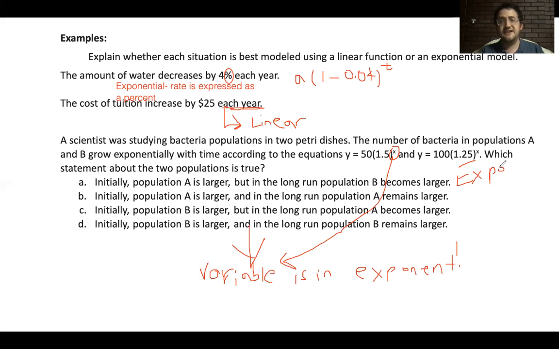So in the next skill, we're actually going to play around a little bit with these exponential functions and see how they work, and talk about how we can use the equations as well.